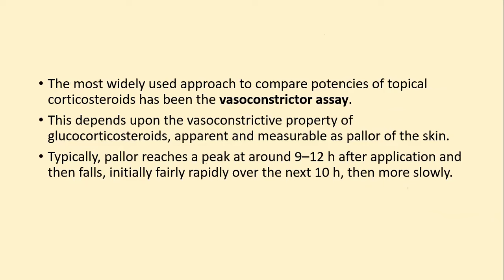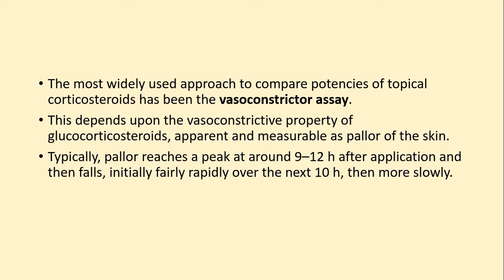The most widely used approach to compare the potency of topical corticosteroids is the vasoconstrictive assay. This depends upon the vasoconstrictive property of glucocorticoids, apparent and measurable as pallor of the skin. Typically, the pallor reaches a peak at about 9 to 12 hours after application and then falls, initially fairly rapidly over the next 10 hours, then more slowly.